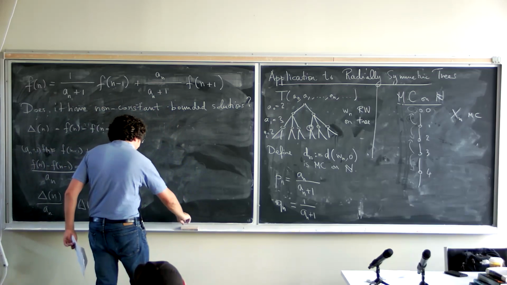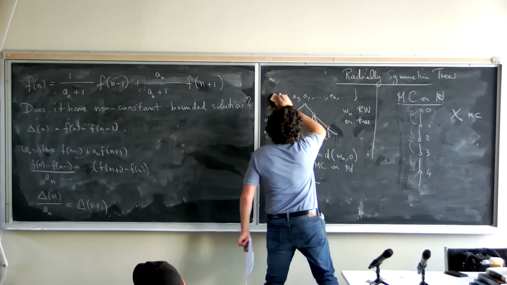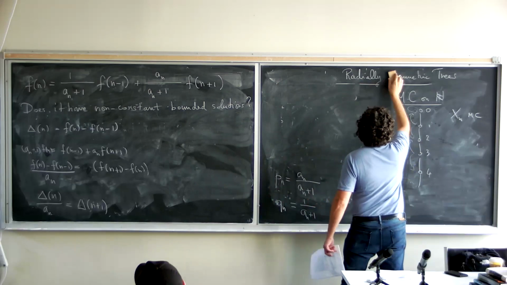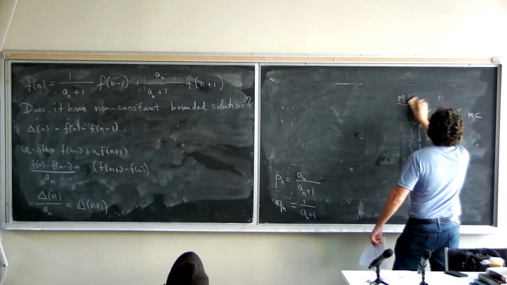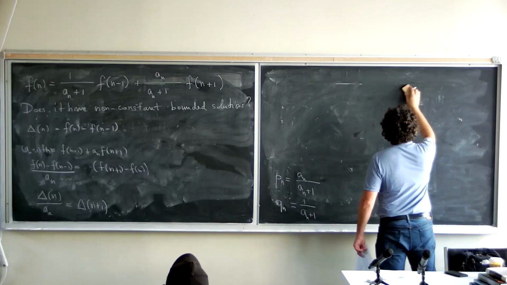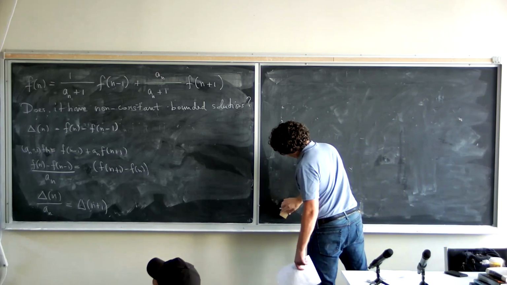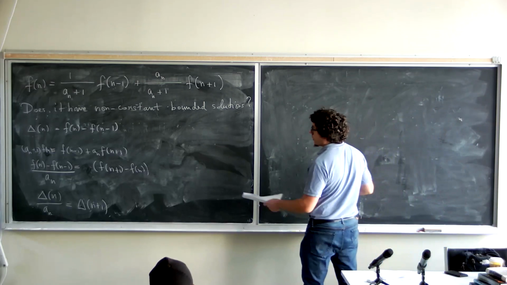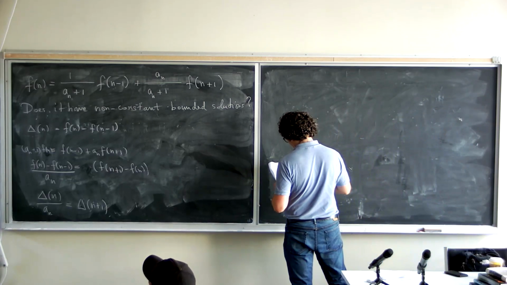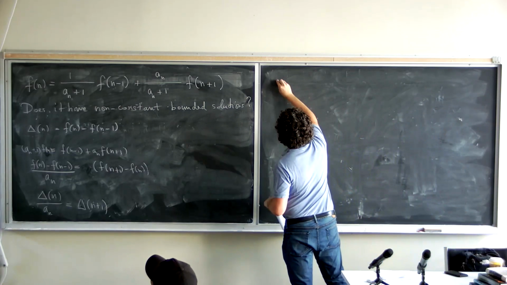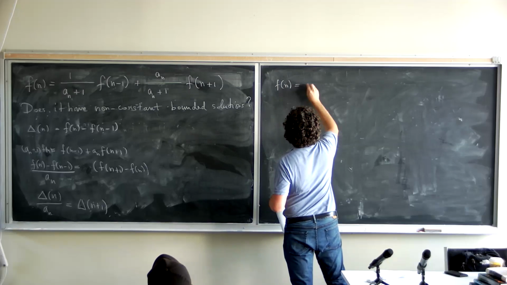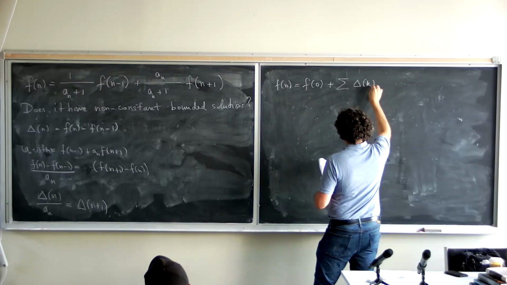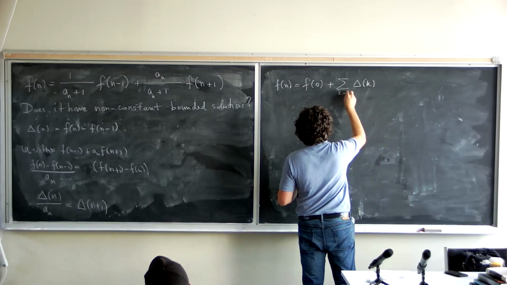And so we can write finally the equation here. The equation is like this. So what is f of n? Well, f of n is f of 0 plus the sum of delta of k for k equals 1 to n.